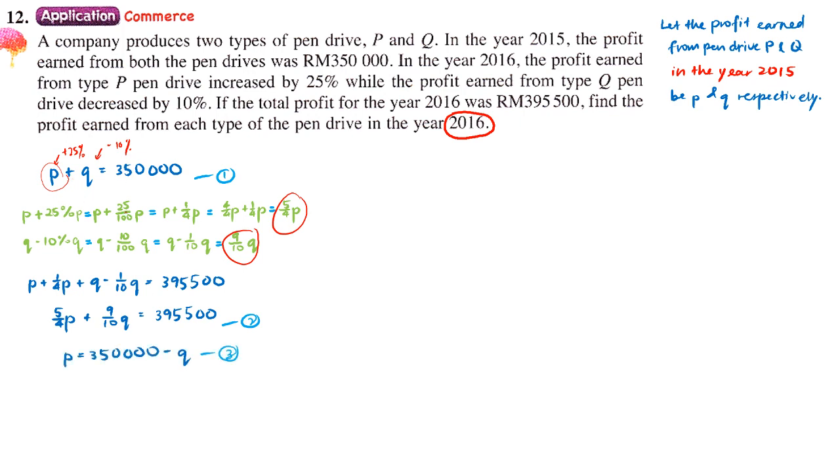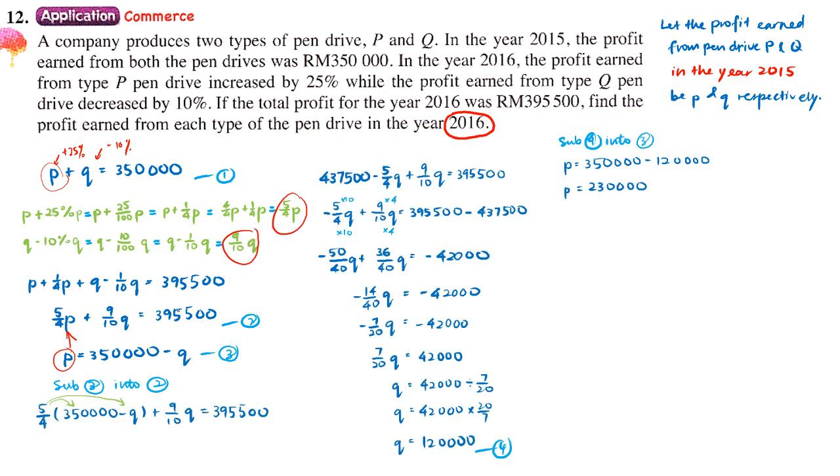If I shift Q to the other side, then I have P. I got equation 3 from equation 1, and equation 2 is still untouched, so I can substitute this P from equation 3 into equation 2. So 5 over 4 of P, which is this, plus 9 over 10Q equals this. Expand it off. All right, no problem here.